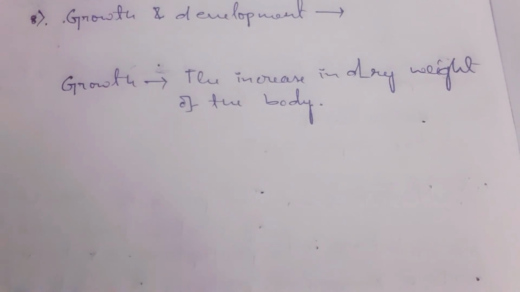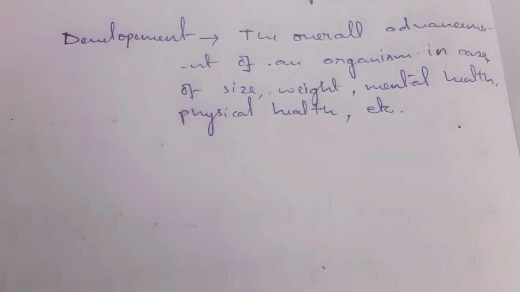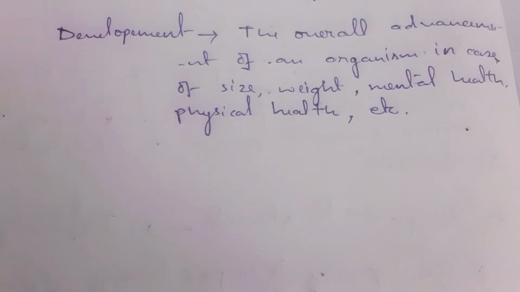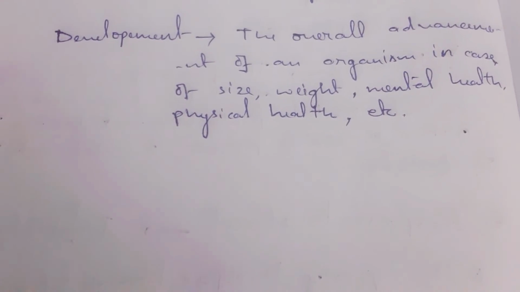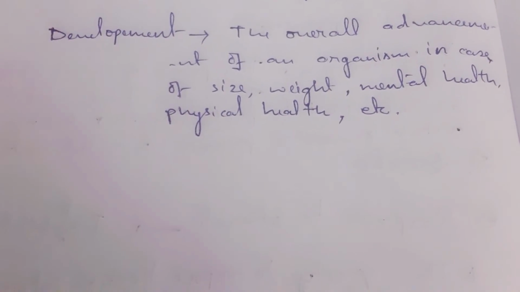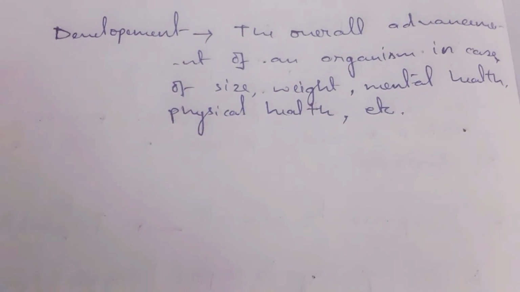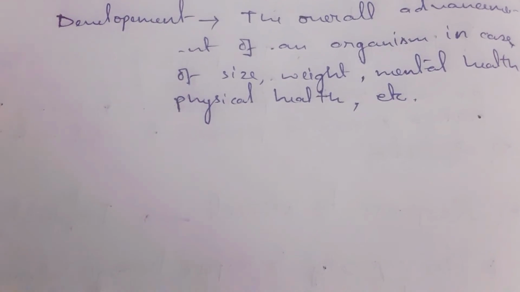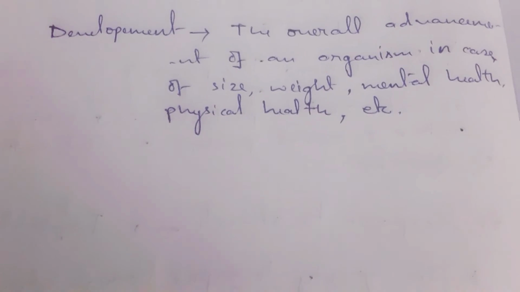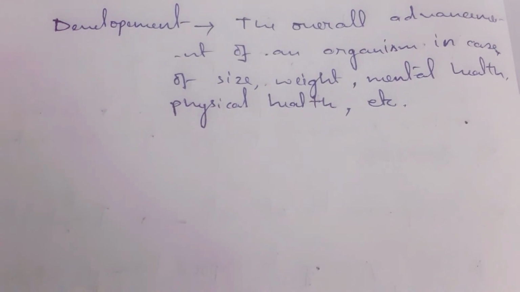So let's move on. Development may be said to be the overall advancement of an organism in terms of size, weight, mental health or physical health, etc. Any sort of advancement in the body is known as development. Even growth is a part of development.